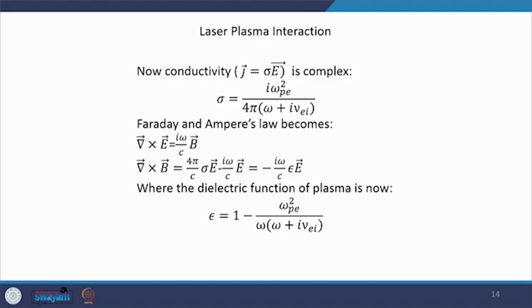Now, if we use Faraday's law and Ampere's law, then we can find the dielectric function, or the dielectric constant of the plasma, as a function of frequency, where omega_pe is the plasma frequency.